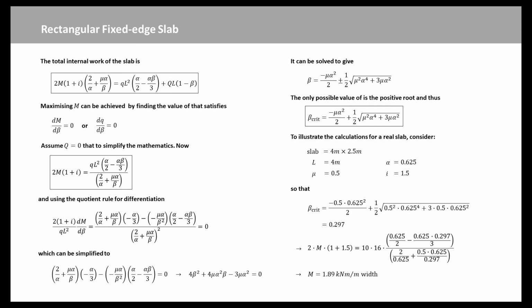Take mu equal to 0.5 and i equal to 1.5. What M is required to support a factored load of 10 kN per square meter? Using the beta critical equation to calculate the value of beta critical, and substituting back in the M equation, we obtain M equal to 1.89 kN per meter width.